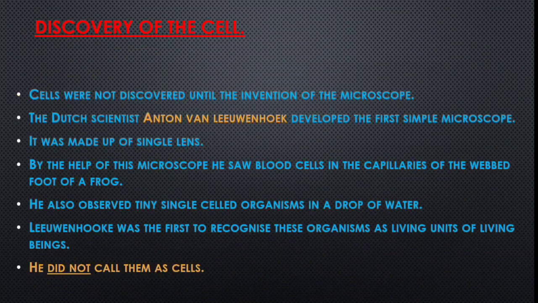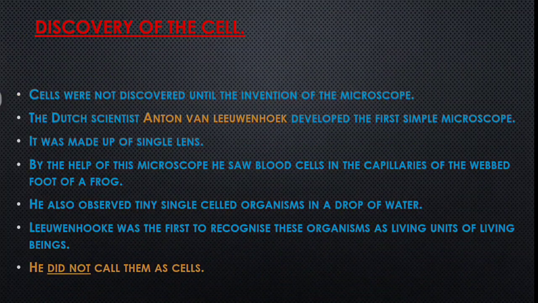With the help of this microscope, Anton van Leeuwenhoek observed blood cells in the capillaries of the webbed foot of a frog. He took a sample of blood from the foot of a frog, and he observed that blood sample under his simple microscope.